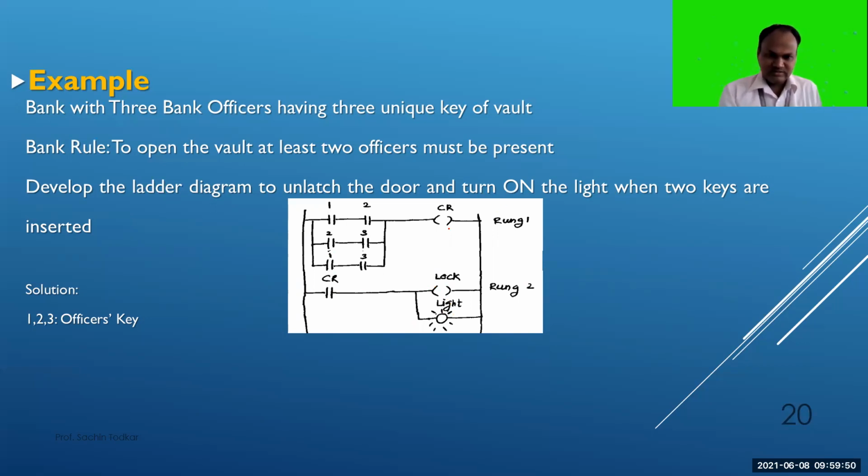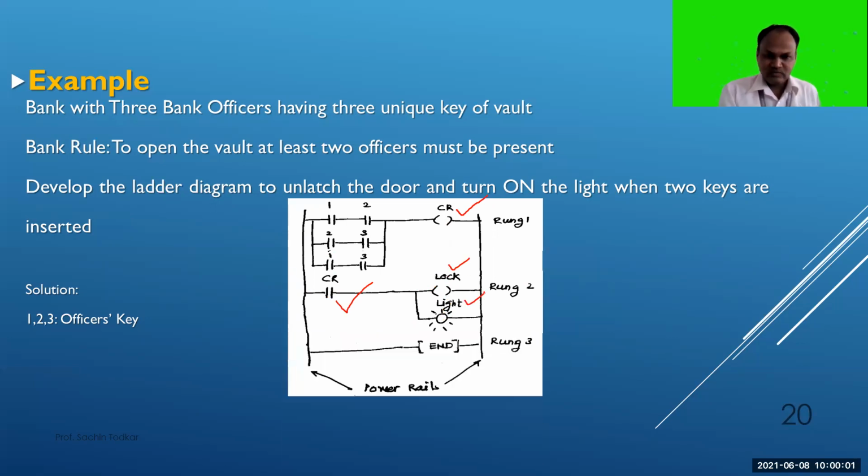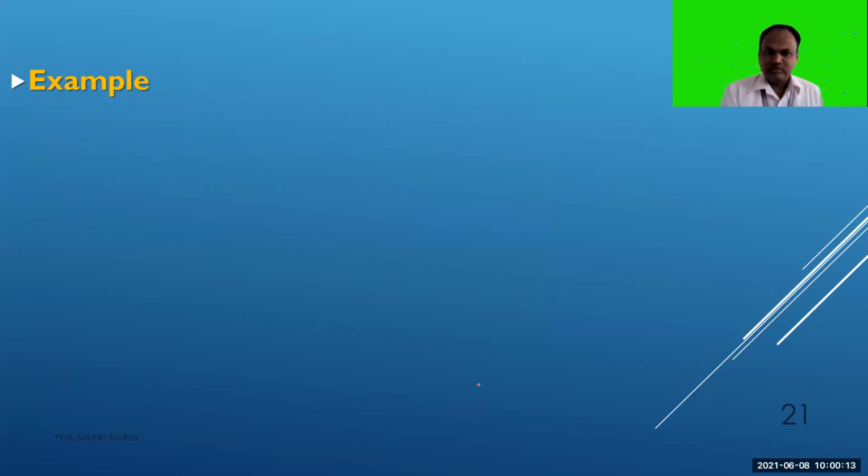So you can see this control relay is on once, then only you can do this function. So this is the logic behind this PLC diagram. Now the last rung will be the end rung, so it will stop, and these two are power rails.